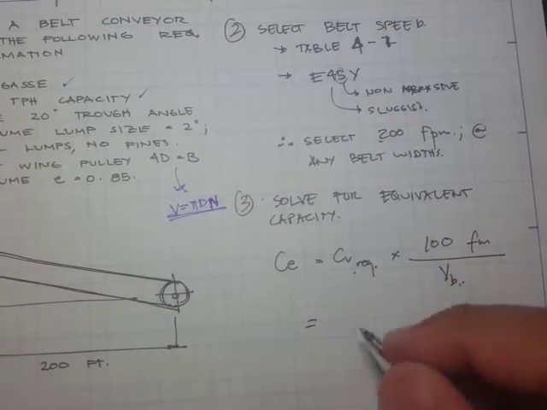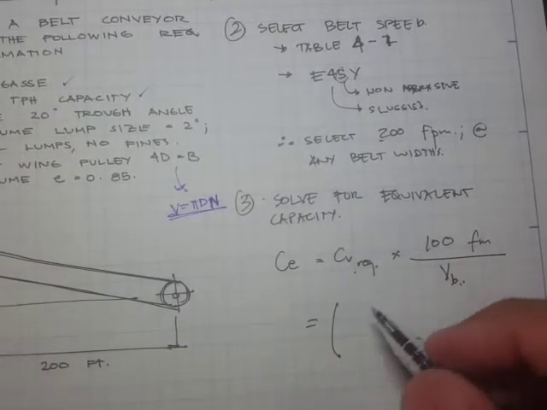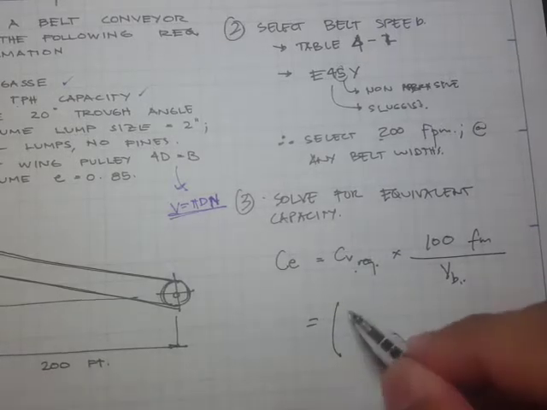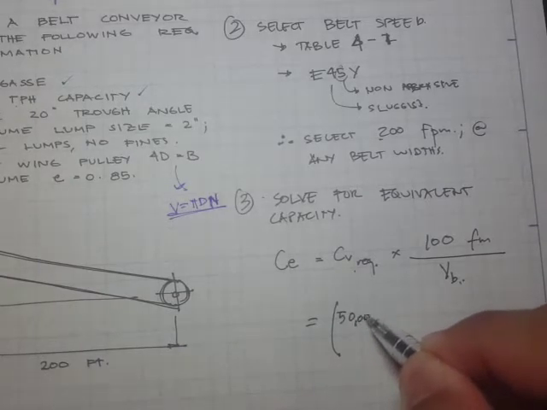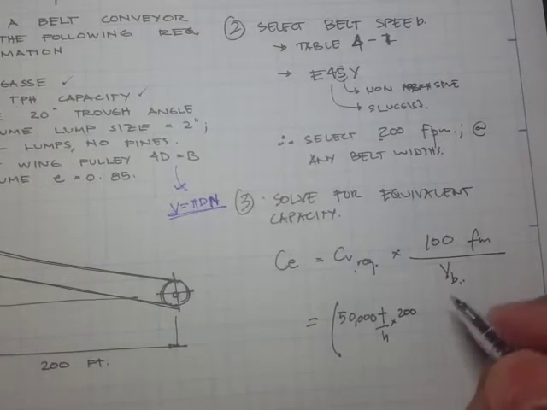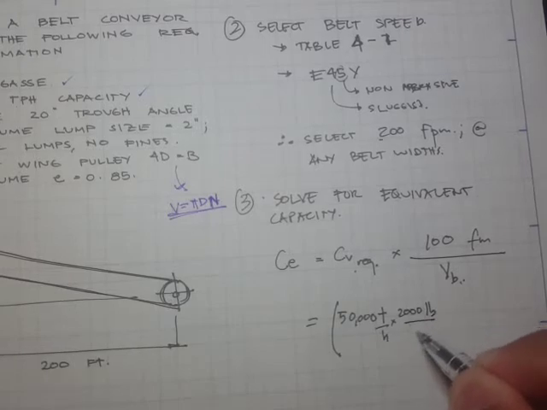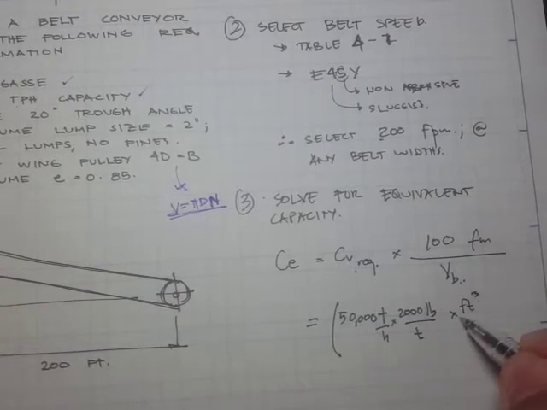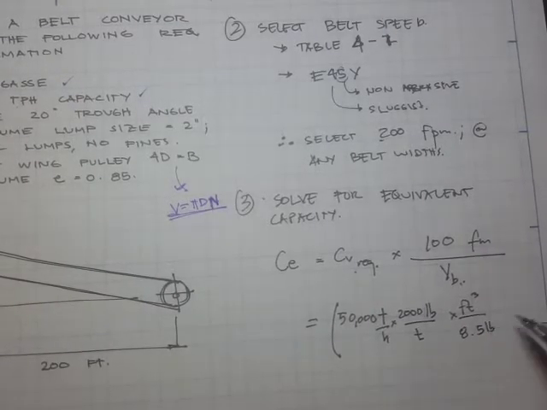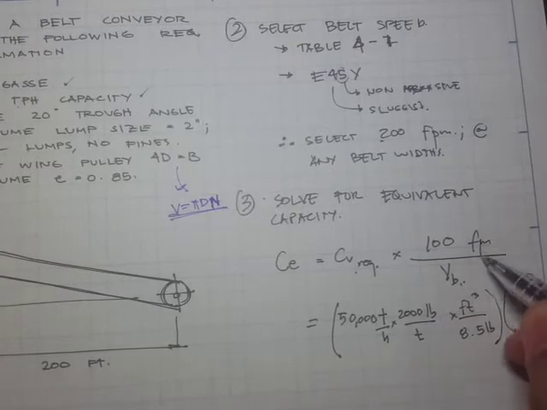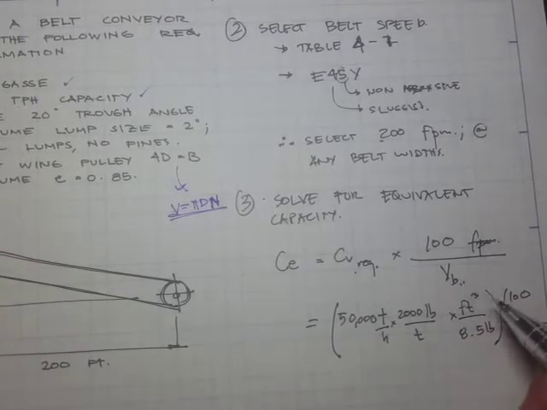CV required is just mass divided by the density, and we have 50,000, that's tons per hour, and we have 2,000 pounds per ton, and times the reciprocal of density, which is 8.5 pounds, times 100 FPM, all over the selected belt speed in feet per minute, which is 200.